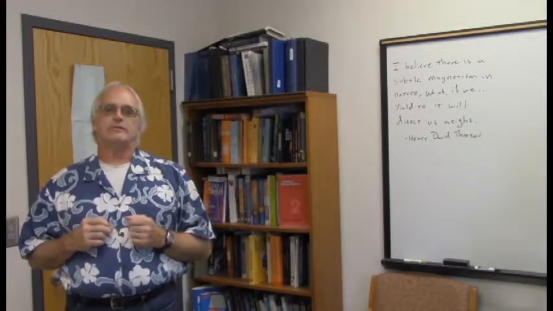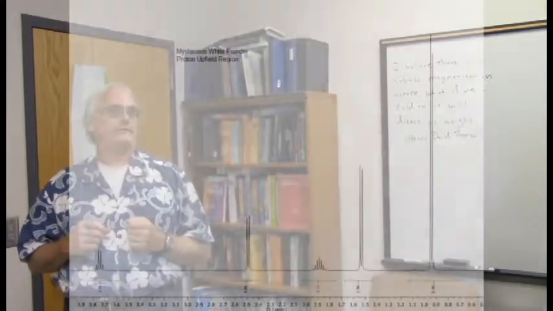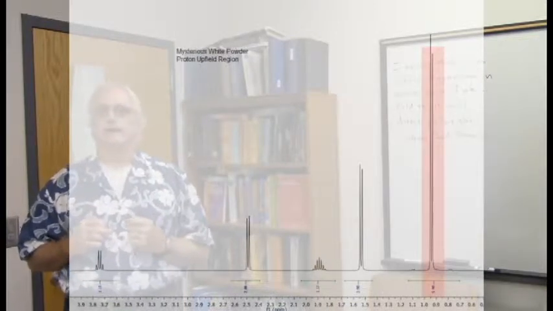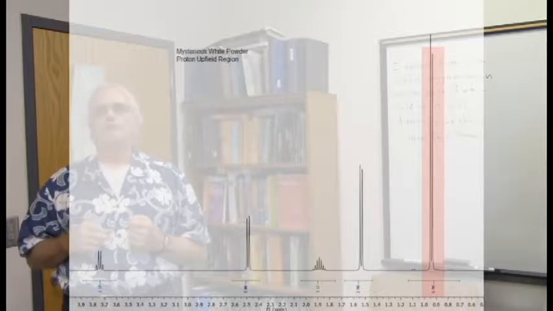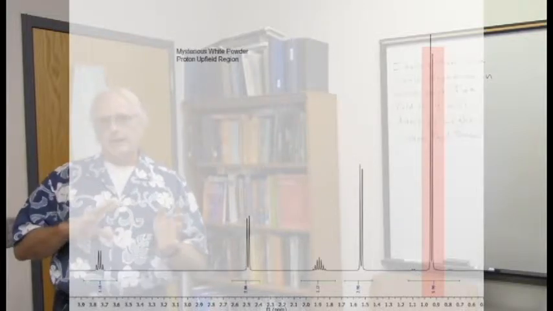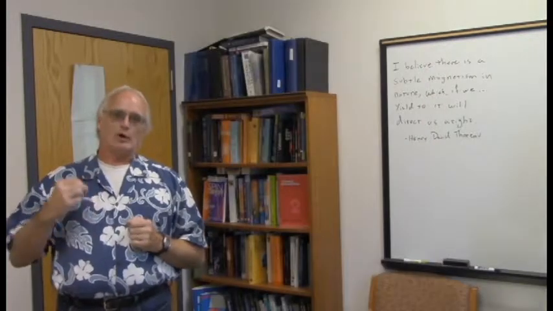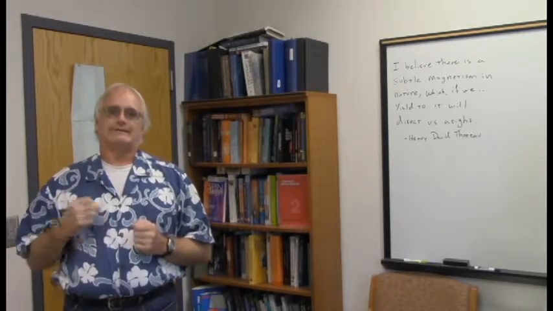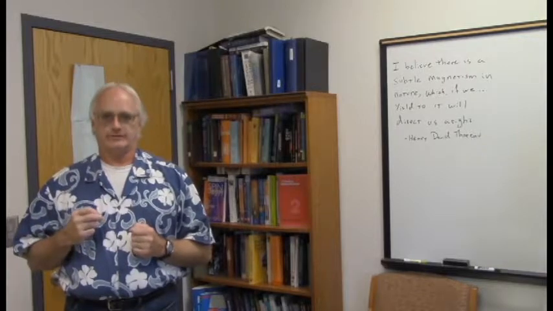For our purposes, it's going to be this group up here that integrates to 6, which is an unusually high number, and it is at 0.95, less than 1 ppm, indicating a methyl group, in fact indicating 2 equivalent methyl groups at the end of an alkyl chain. And so we're going to begin with that assumption, that this molecule has 2 methyl groups that are equivalent to each other.